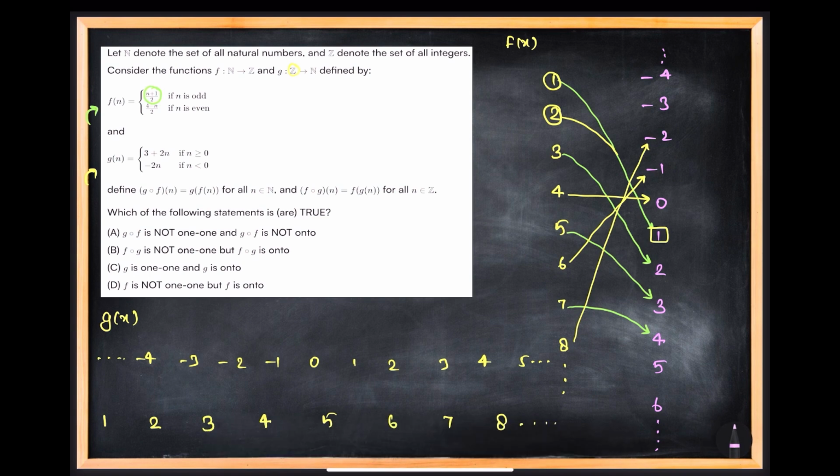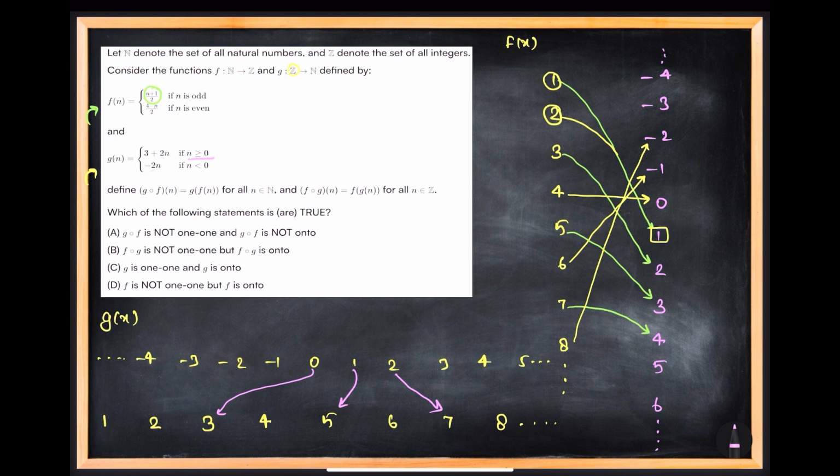Look at this. If n is greater than or equal to 0, suppose that it is 0. I'll talk about this part first and the other part later. If n is 0, the answer is 3. So 0 will be connected with 3. Now 1 will be connected with 5, 2 will be connected with 7.